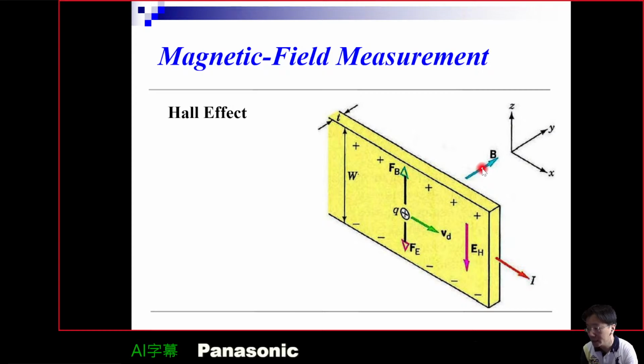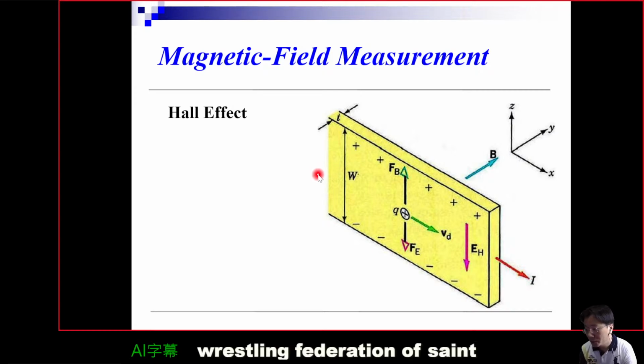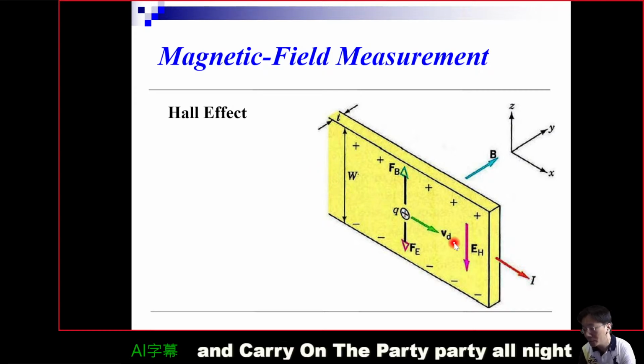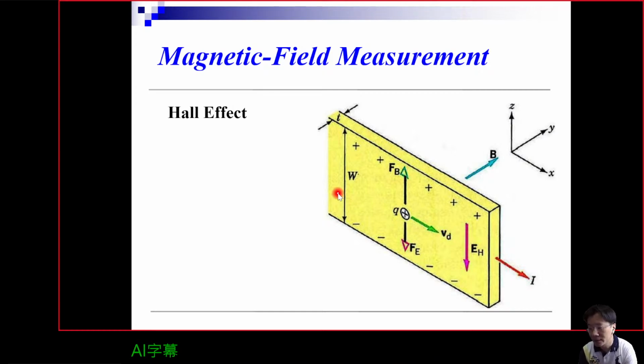the magnetic field goes through the y direction. Then we find one thing: if the charge carrier is the movement of electrons from the right side to the left side, it is virtually like a positive charge moving from the left side to the right side.